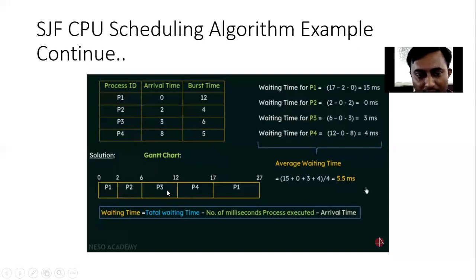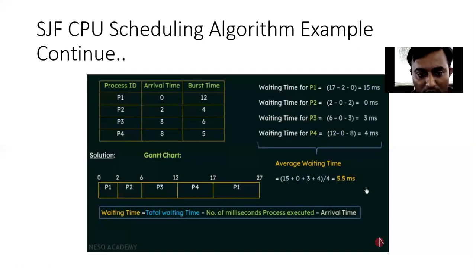Again P3 will continue its execution for 1 unit of time, and at 11 the burst time of P3 is nothing but 1. So 1 is less than 5. So P3 will continue its execution for the remaining 1 period of time. So at time 12, P3 is successfully executed and it comes out of the system.